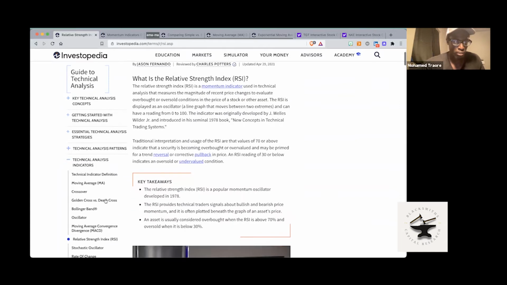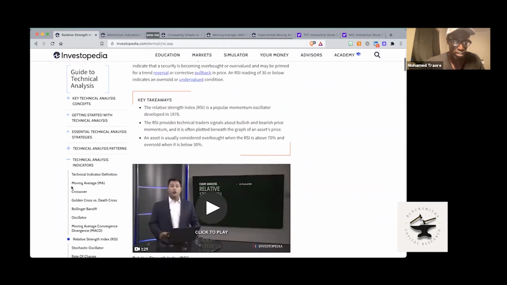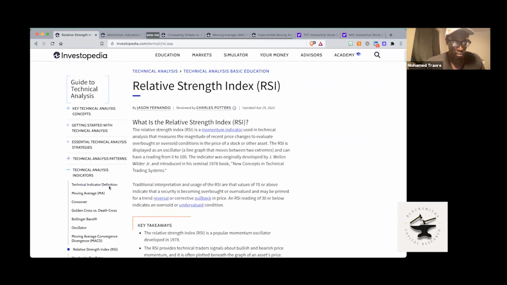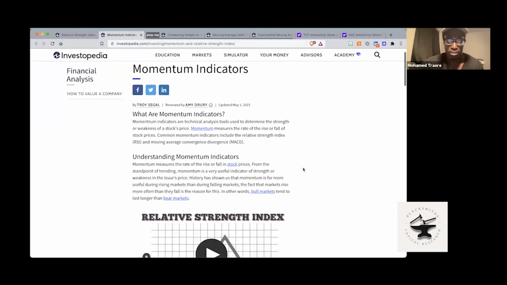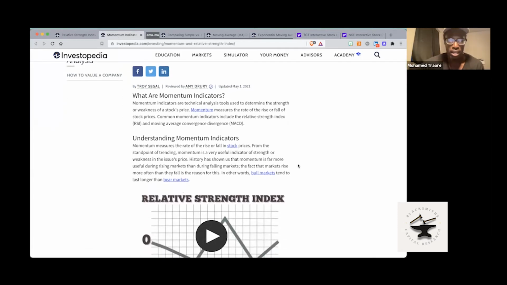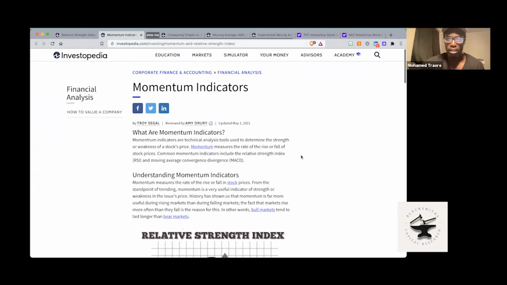There are all types of great things on here for technical analysis, patterns, definitions of technical indicators, moving averages, crossover types, Bollinger Bands, another important one we'll go over later on. So momentum indicators like the RSI and MACD that I talked about just briefly in the first episode are great indicators to look at as well.